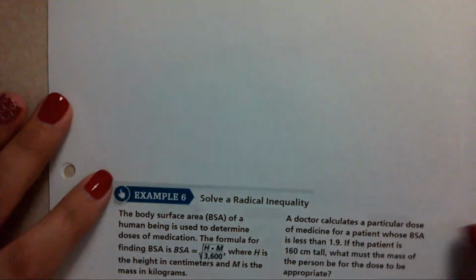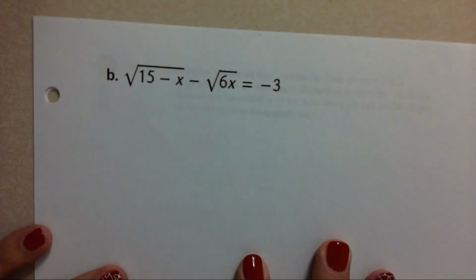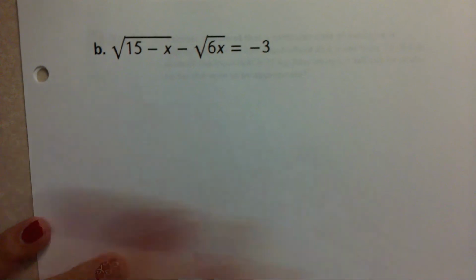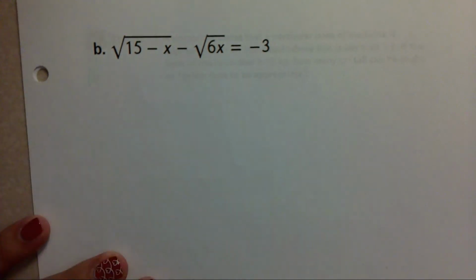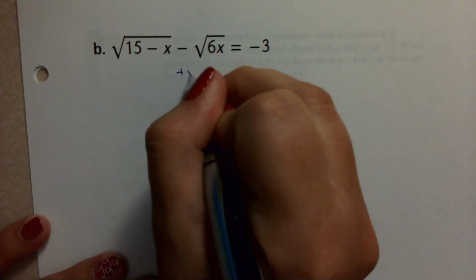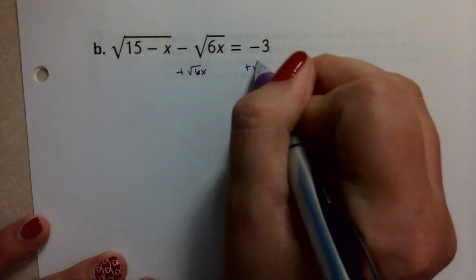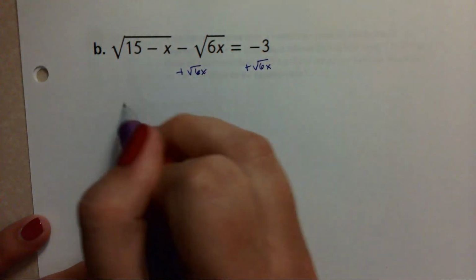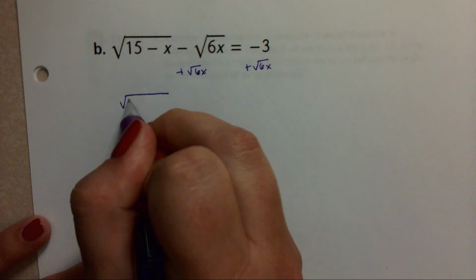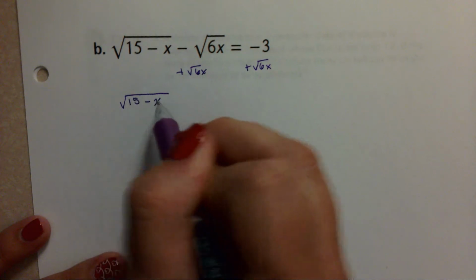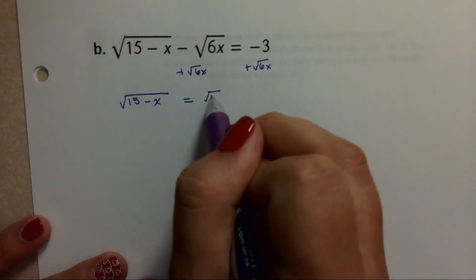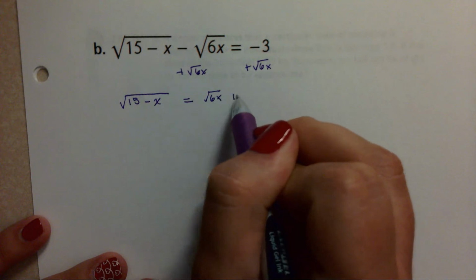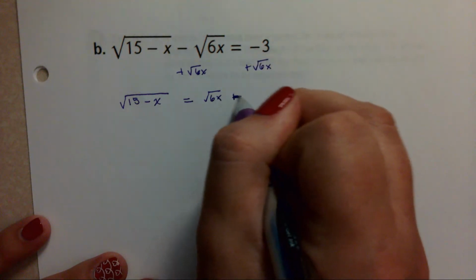All right, let's go ahead and try another one of those. So first step, we're going to isolate our radical. So add square root of 6x over to the right. And that gives us square root of 15 minus x equals square root of 6x minus 3.